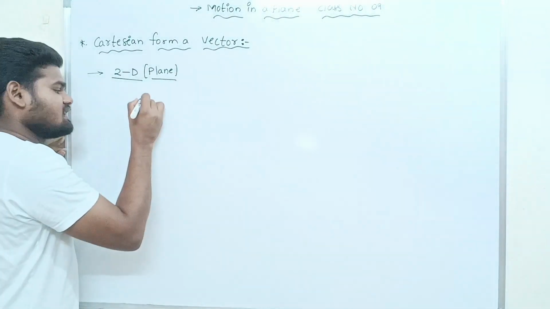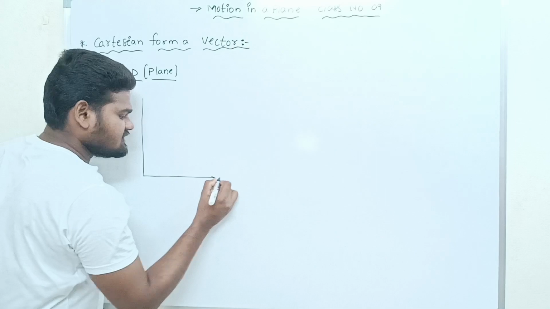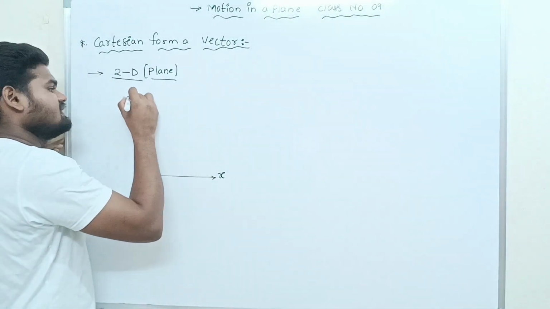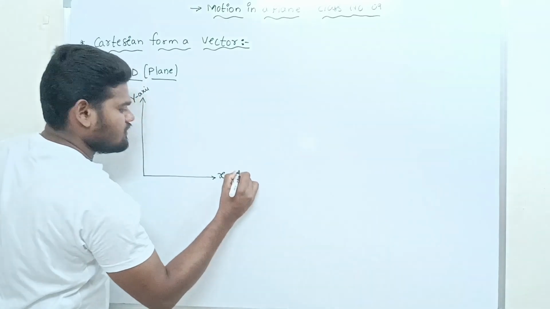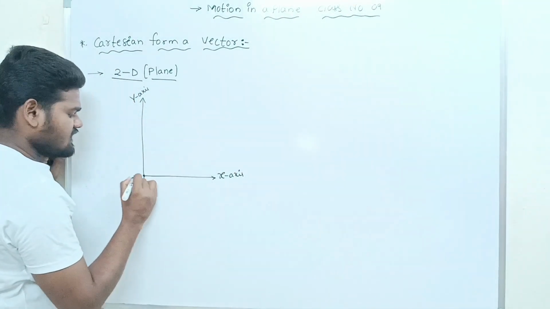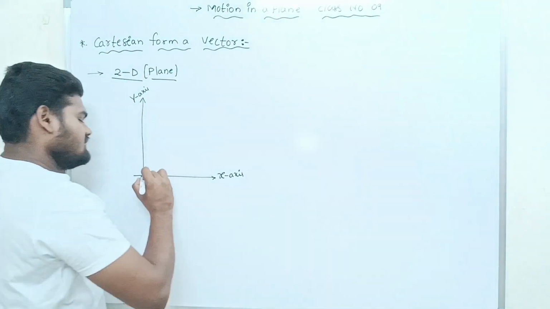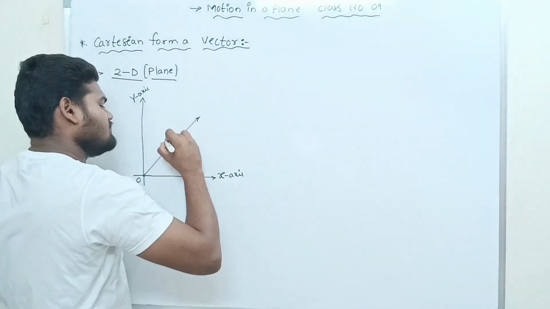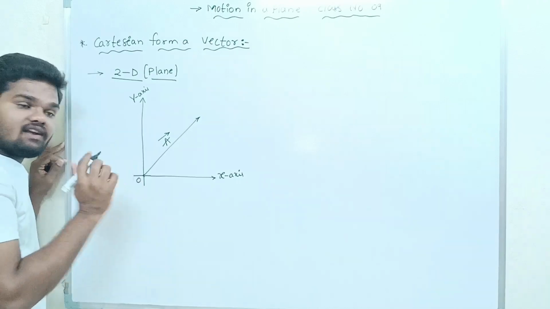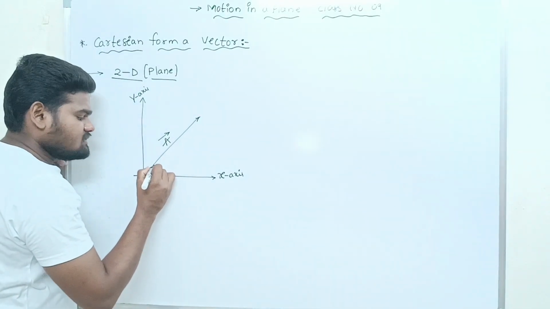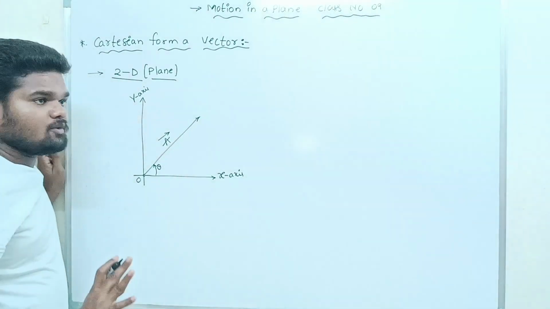As we know, the plane consists of two perpendicular axes. Let us say this is the x-axis and this is the y-axis. This is the origin O. There is a vector a bar moving from origin O as shown in the figure, and this vector a bar is making an angle theta with the positive x-axis.